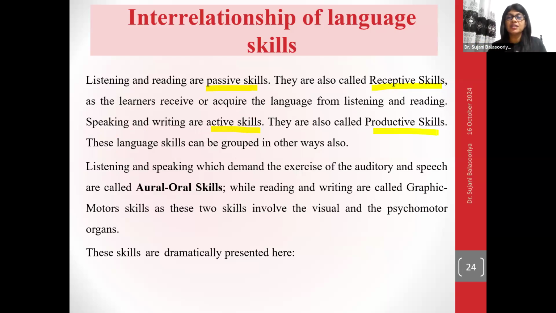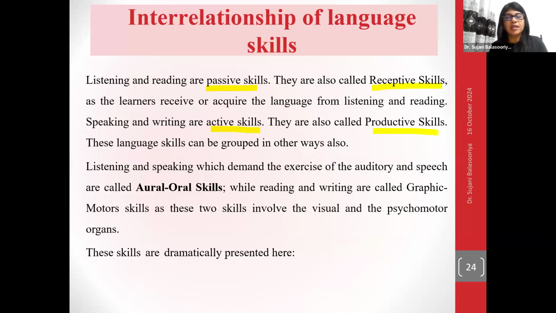So which means you need to produce something on your own. So this happens orally and in writing with the speaking and writing skills. Okay, so this is the basic division of all the four skills into receptive and productive skills.